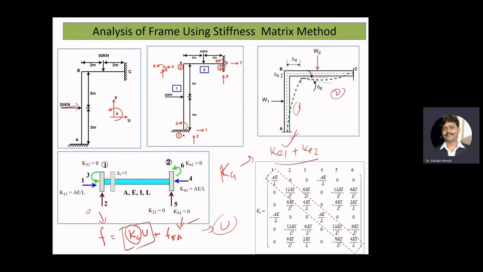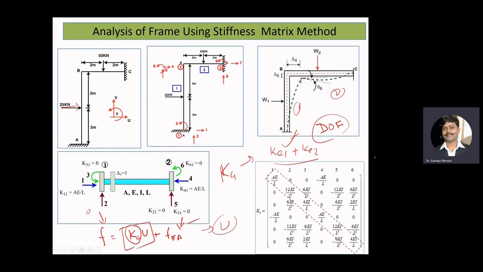So here we learn how we can find the element stiffness matrix. Okay. Now, before going to the element stiffness matrix, we should know what is the degree of freedom for a frame element. Once you identify how many degrees of freedom we have for a frame element, then you can make sure the size of the element stiffness matrix will be of that size.